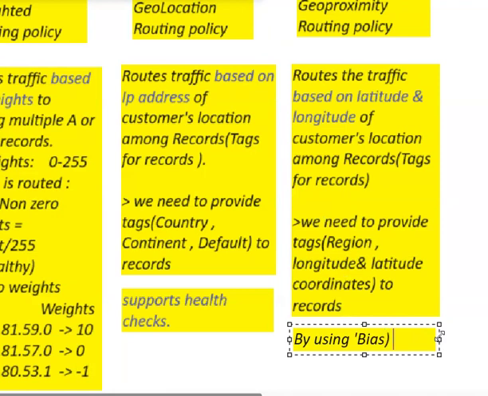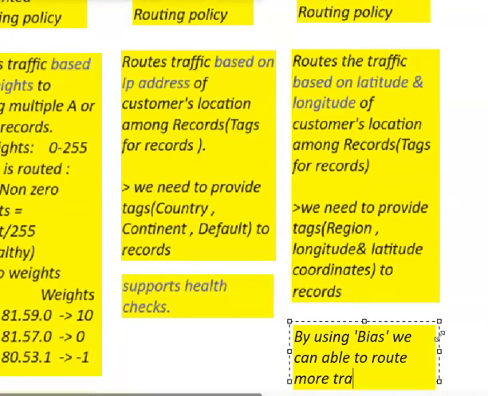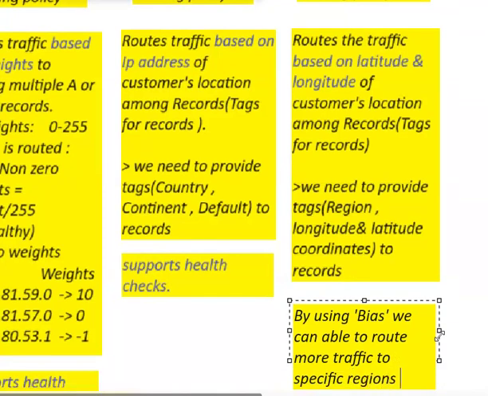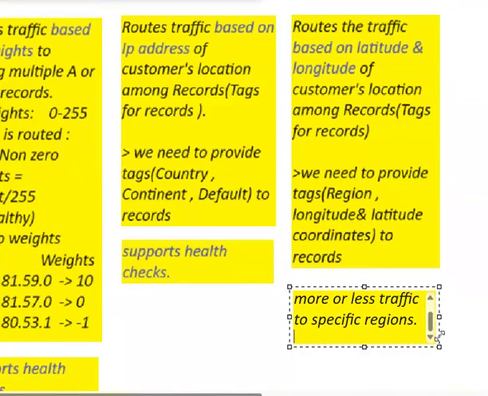By using bias, we can route more traffic to certain regions, and we can also route less traffic to specific regions. So in bias, what we provide is used to route the traffic among regions based on our traffic.